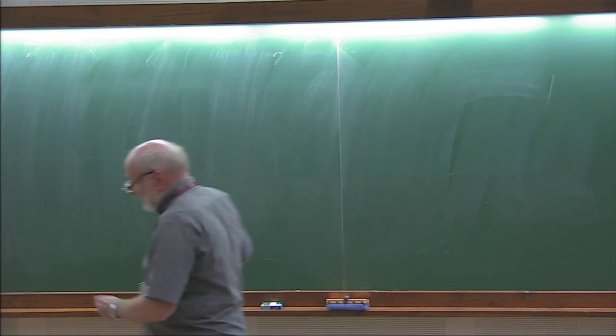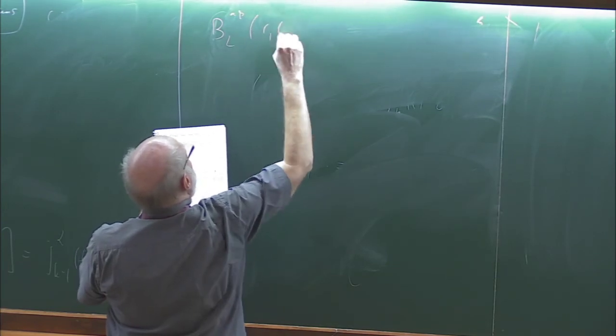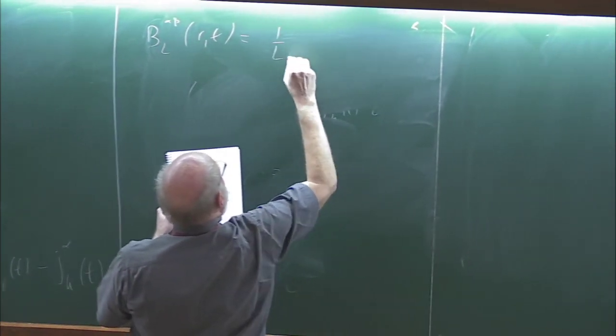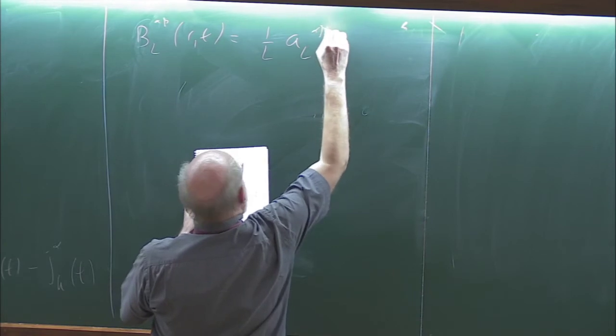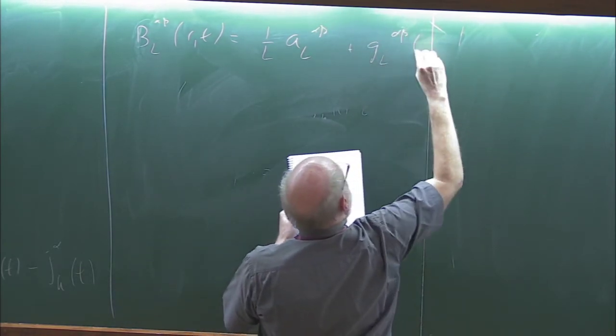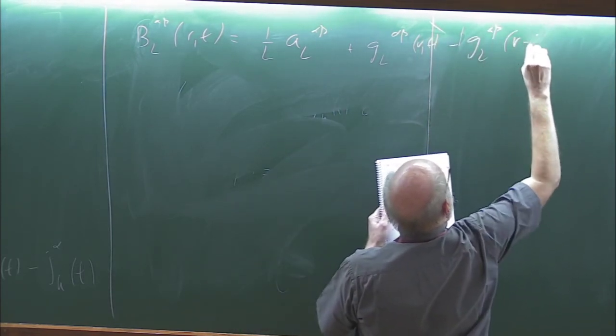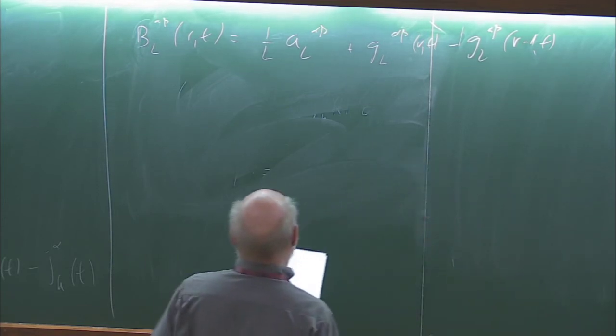Okay, so I take space averages, just taking sums, that's a trivial step now, and I find something that is surprising, namely I find that my function B, my space average of αβ of R and T, is equal to 1 over L times this constant A_L^{αβ} plus the space average G of R and T minus G_L^{αβ} of R minus 1 and T. Okay, that's something that you find.